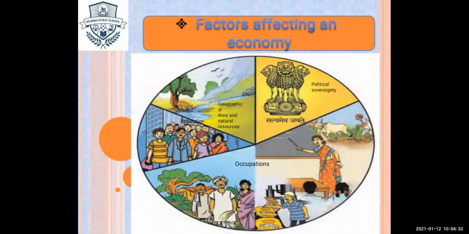Today we'll start to learn about the factors affecting an economy. Here on your screen you can see there are different factors that affect an economy. Once again, economy means the state of a country or region in terms of production and consumption of goods and services and the supply of money.